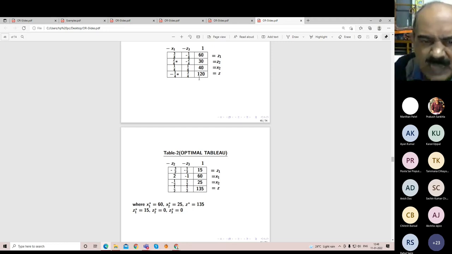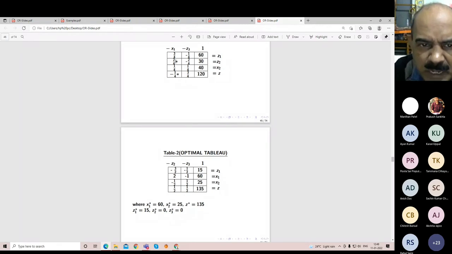Now see here, I'm talking about the right hand side value. 2 by 4 into 60 minus 30 into 3 by 4, divided by 2 by 4. So this is becoming 15.